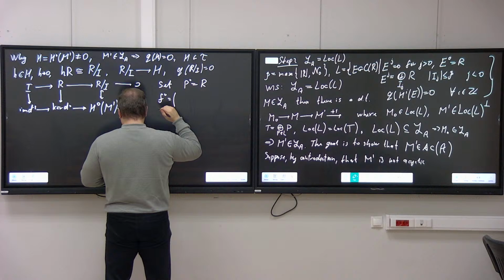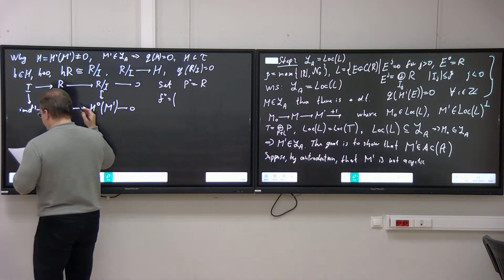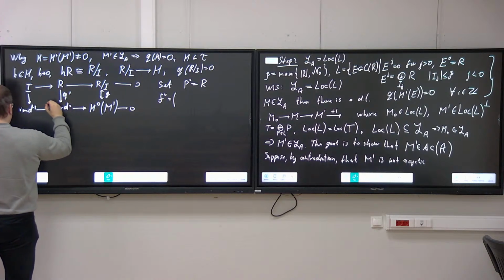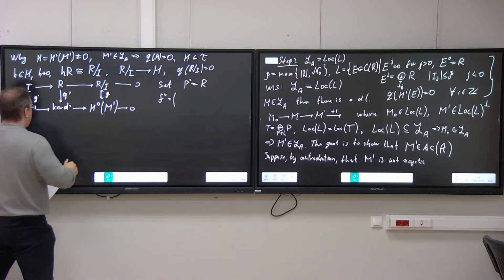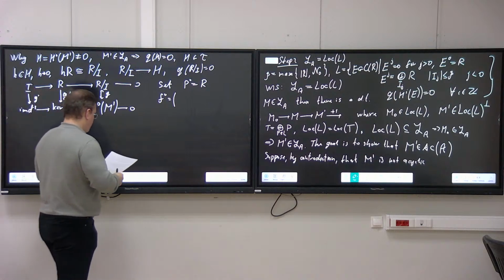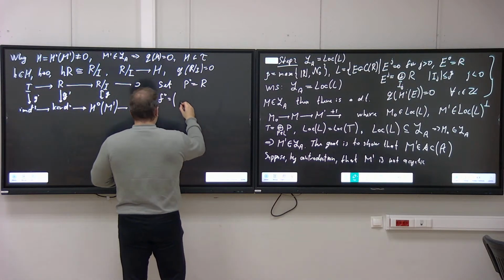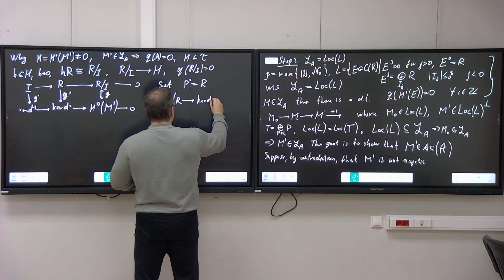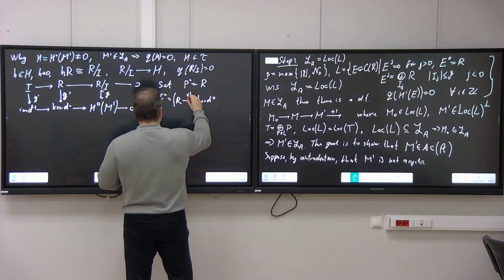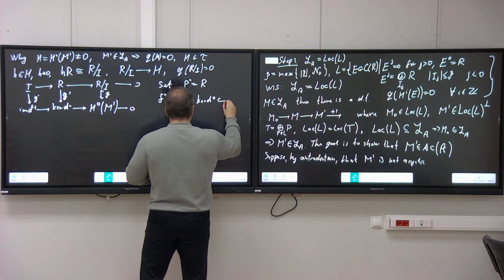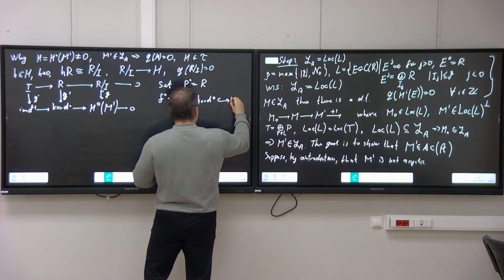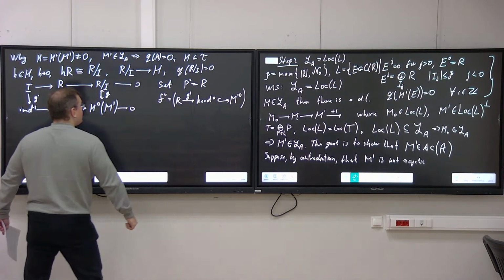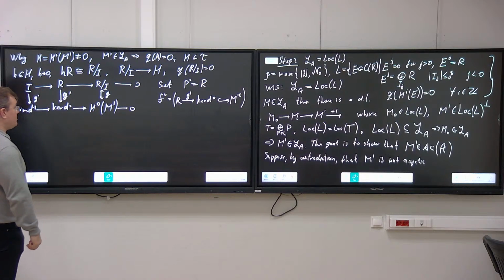Let me give these maps names, G prime and G0. So there is a map from R to the kernel of d0, which I'm going to call G prime. And this is embedded, of course, into the M prime 0. So this will be a map from the P0 to the M prime 0.